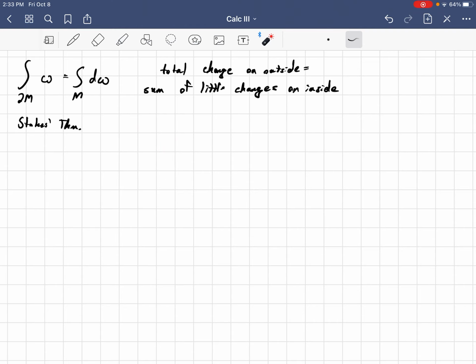And then del M, this Greek letter delta or del, is the boundary of the manifold. In the case of 1D, the boundary would just be the two endpoints. In the case of 2D, the boundary would be a 1D line, and so on.